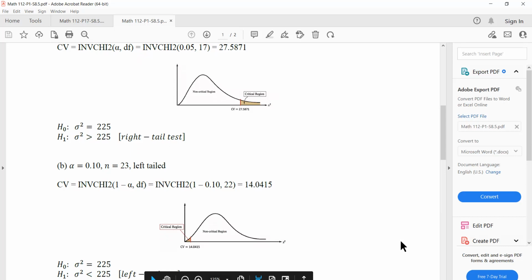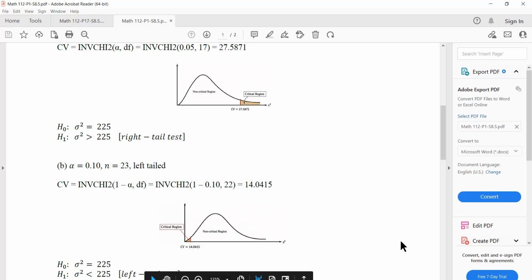Your critical regions show up in the direction of your tests. That's been something that's been tripping some of you up recently.